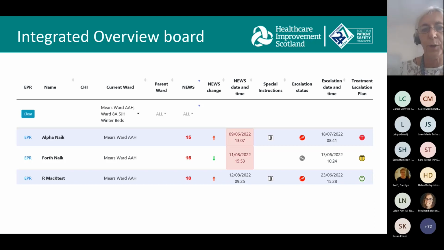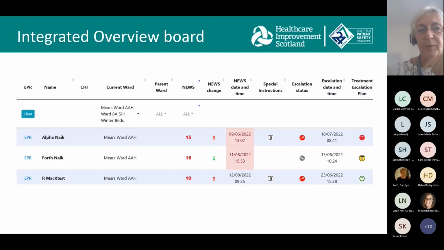And we can set this for a site, for a speciality. So we could set this for acute and general medicine, or for MOE, or for general surgery. We could set it by consultant, or it could be set by a single ward. So you can arrange and see who the sickest patients are in a number of different ways.